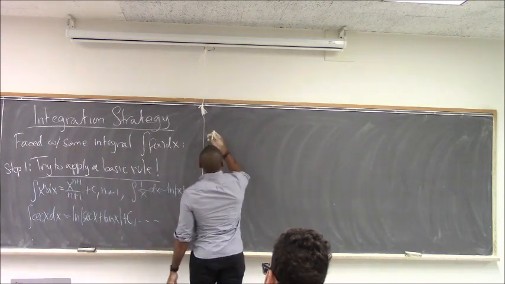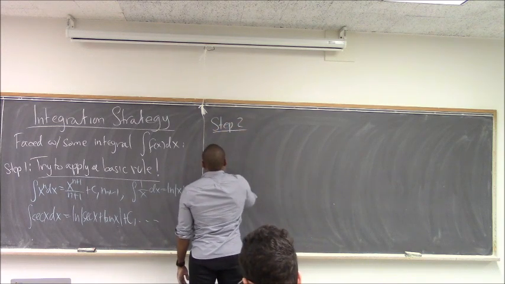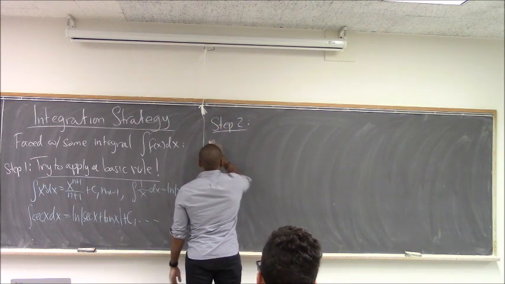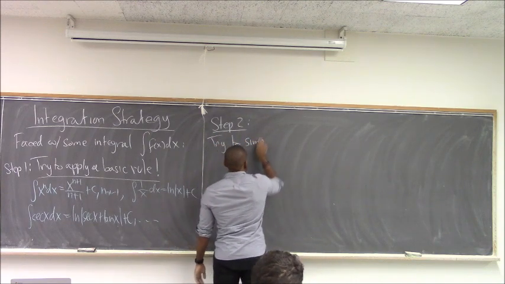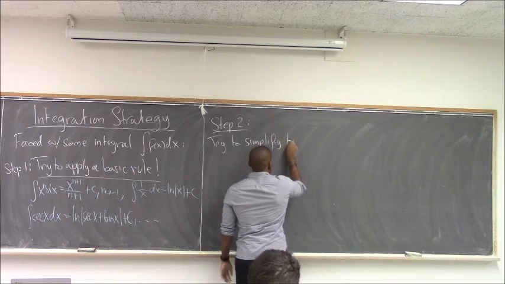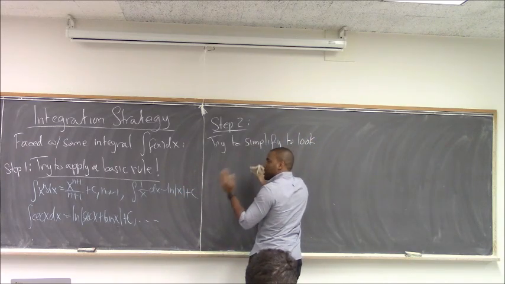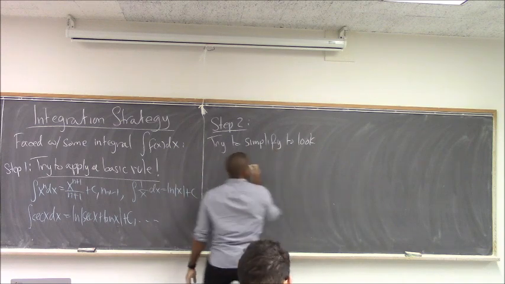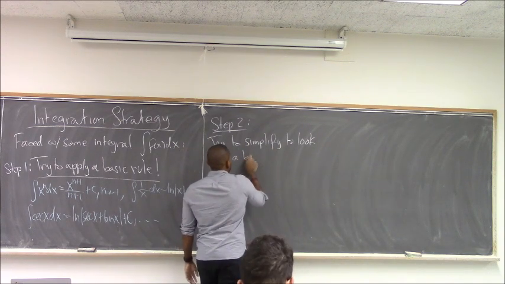So, step 2. What was step 2? Try to simplify to do what? To look like a basic rule. So again, step 2 is basically try to use algebra to get to step 1. Simplify to look like a basic rule.